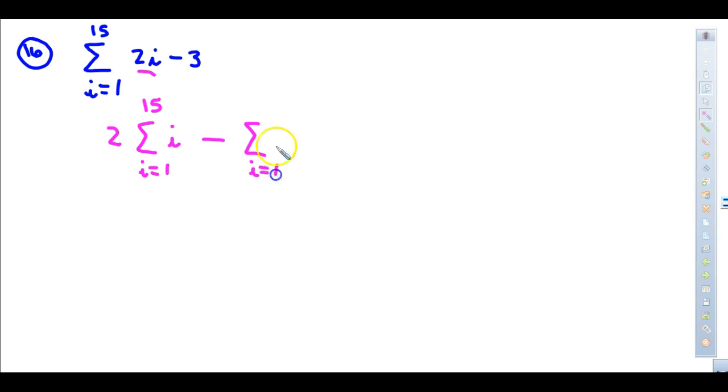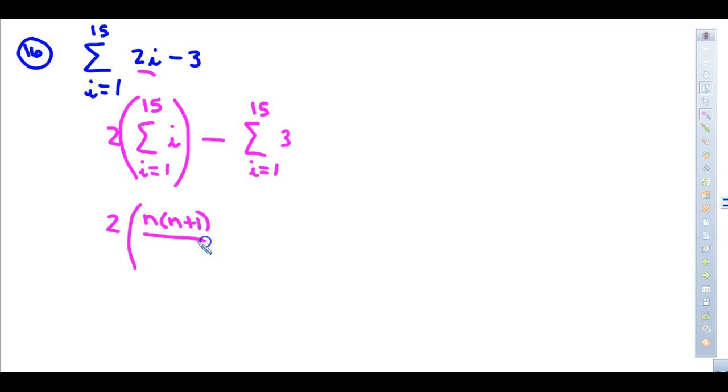So the sum as i goes from 1 to 15 of 3. Now what I've done is I've set myself up to just plug in my formulas. Right here what I notice is I'm doing 2 times the sum of my integers. So 2 times the sum of my integers, that formula is n times n plus 1 all over 2.